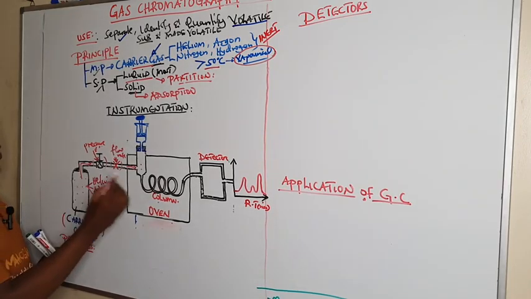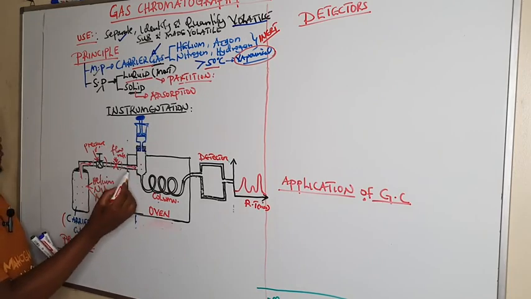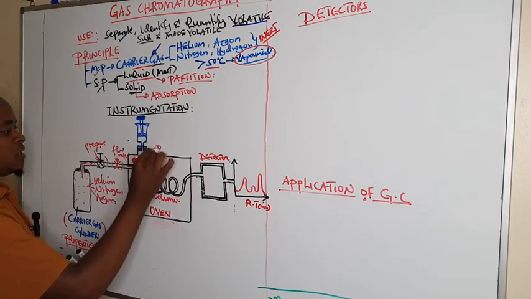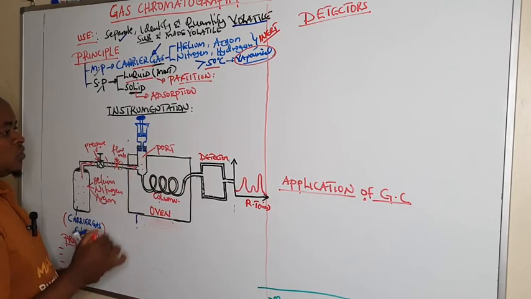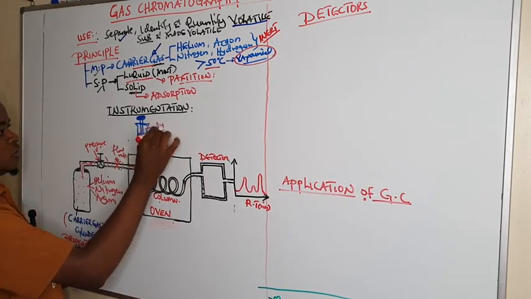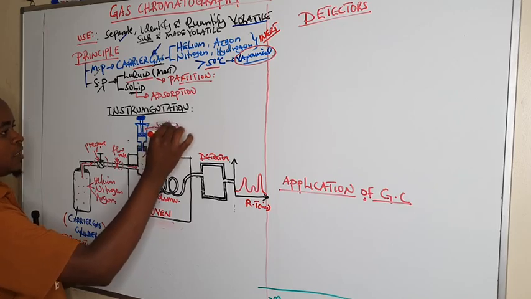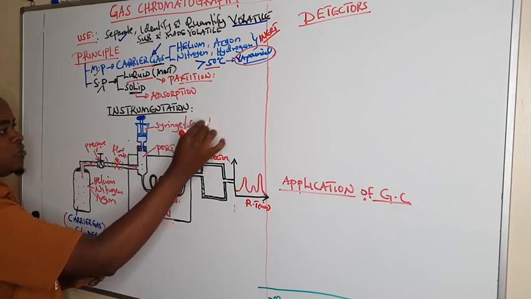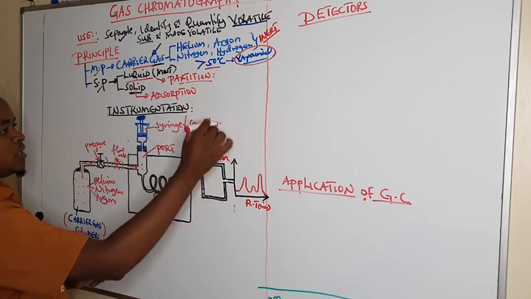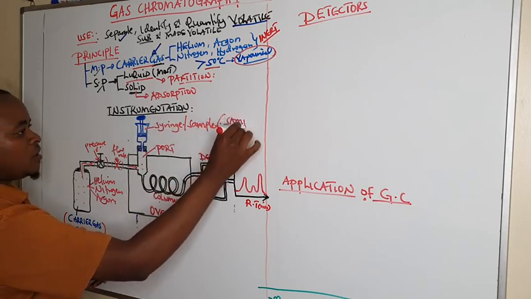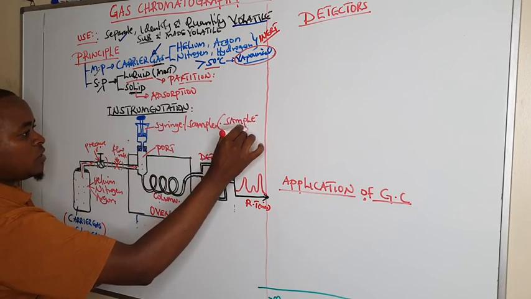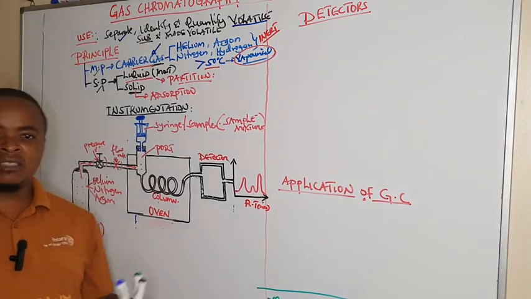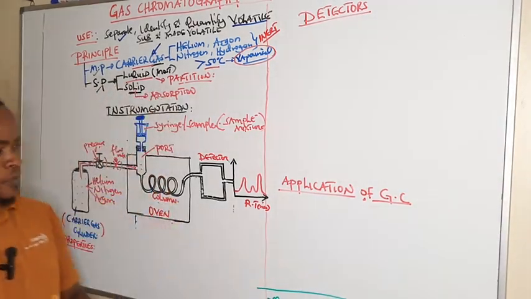So when they are injected within the column, they pass through what we call the injector port. This is the injector port. And this is the syringe, or it can be an automatic sampler. Even an automatic sampler can be used. And this one is injecting in the sample mixture. So here, this one contains the sample mixture, which we want to identify, separate, and quantify.